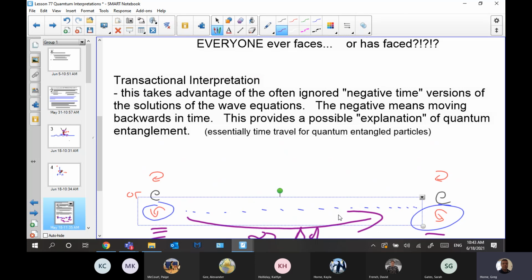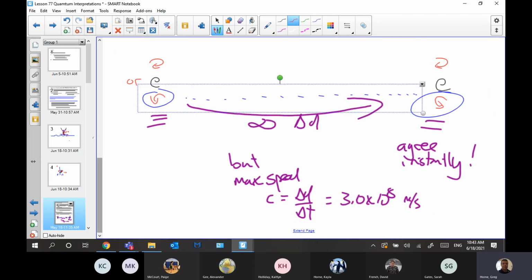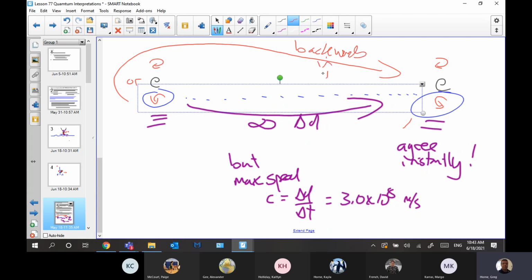So the transactional interpretation has a possible solution where, okay, when you look at this particle, it goes backwards in time and communicates with this one of what spin I'm going to be, and then this one says, oh, okay, I'll go forwards in time and match up instantly and have that same spin.